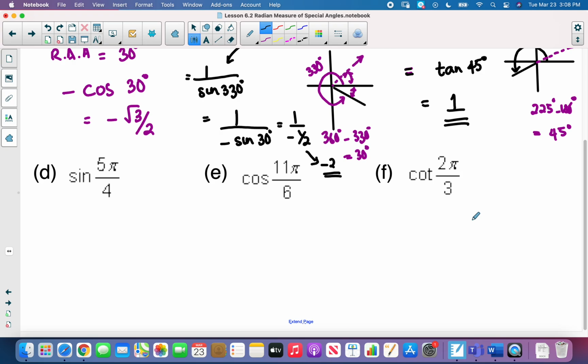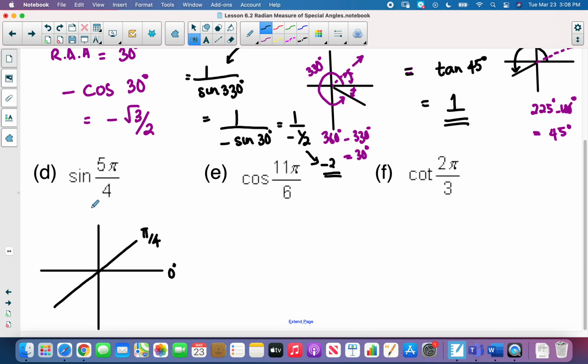Okay, now I have to find sine of 5 pi over 4. So it's no longer in degrees. One way to work around that is to figure out where that actually is. So we have 0. Pi over 4 is 45 degrees, right? So this would be the first pi over 4.